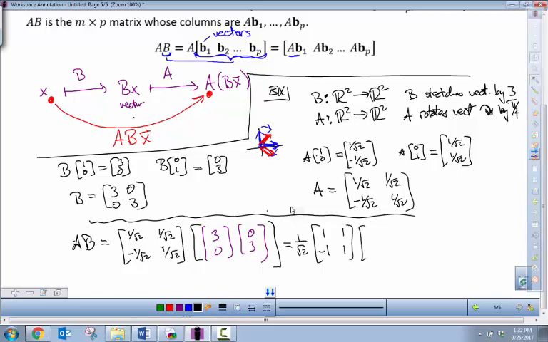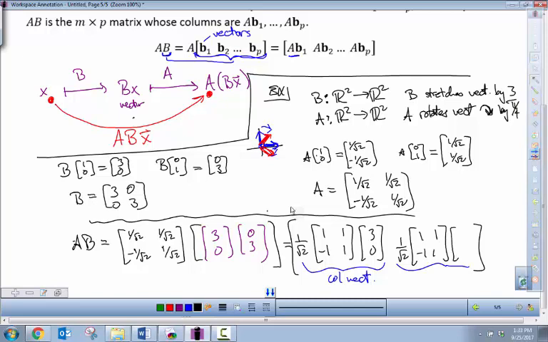And then we're going to apply that to vector 3, 0, the first row. So what we're going to do is we're going to get a column vector out of this. And then we're going to get another column vector when we take our matrix A and then we apply it to the second column, 0, 3.